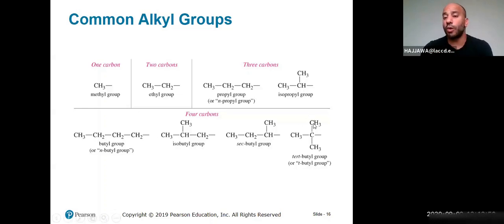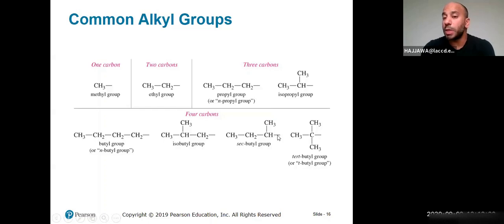Same applies to the 4-carbon substituents. 4 carbons can have the branching coming from the terminal, and that makes it a butyl. Can be coming from a group where it has an isopropyl attached to that CH2. So you have a 4-carbon chain, but you have the isopropyl attached to the 4th carbon where the branching is. So that makes it an isobutyl. Isobutyl.